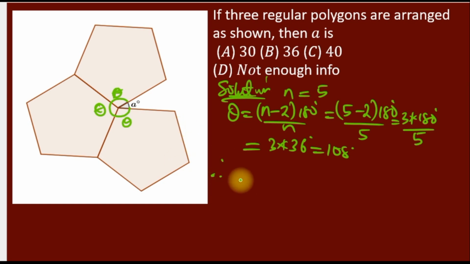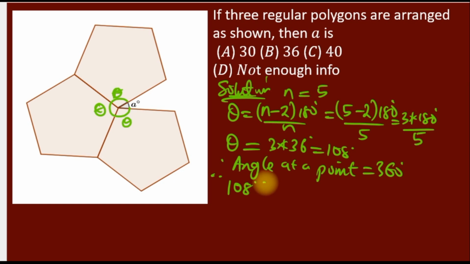Therefore, the angle at a point is 360, meaning each of them theta. So we have 108 plus 108 plus 108 plus A is equal to 360.